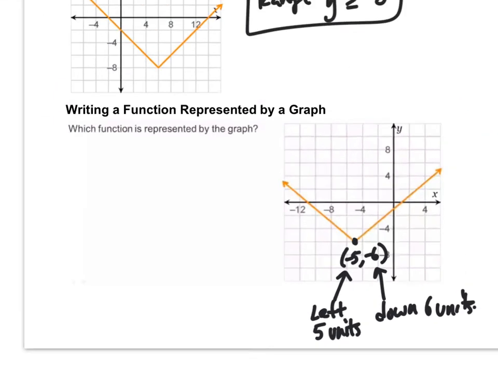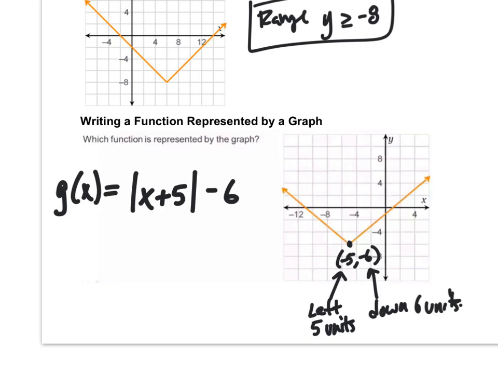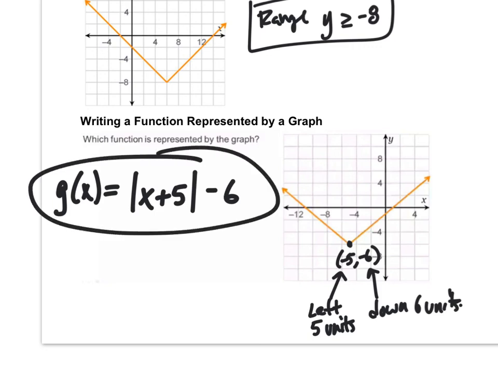So let's call this g of x is equal to the absolute value. Now, if we go left 5 units, that means I have to do plus 5, so it's going to be the absolute value of x plus 5, and then down 6 units means I'm going to subtract 6 on the outside. So that's the idea, all right?